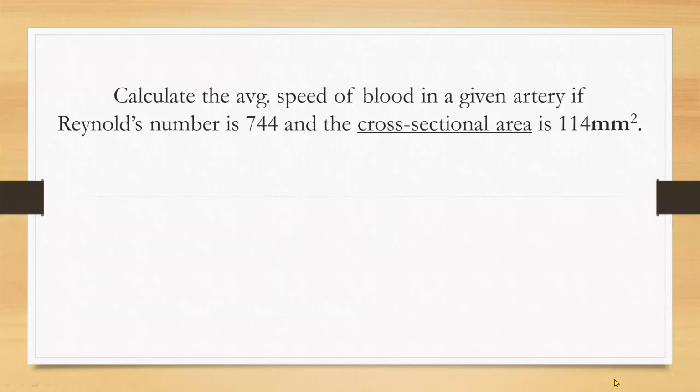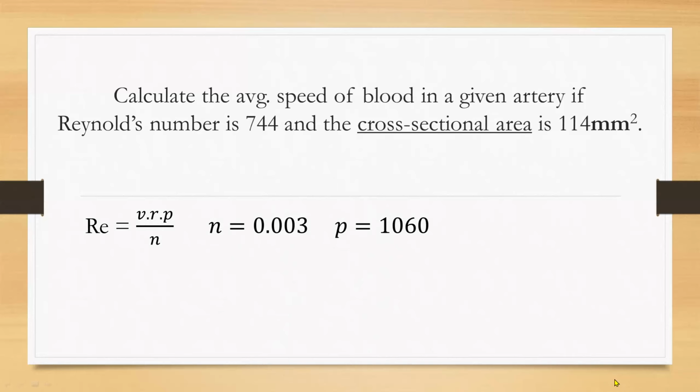And here is the cross-sectional area, which is given, which is pi r squared, from the diameter and radius of the artery. So this is the formula in which Re is the Reynolds number, V is the velocity, R is the radius, and we have to solve for the diameter.